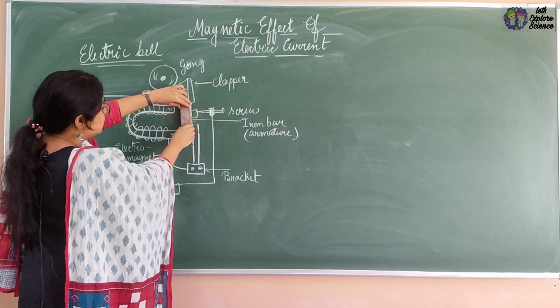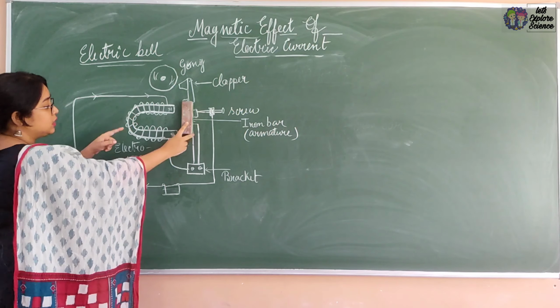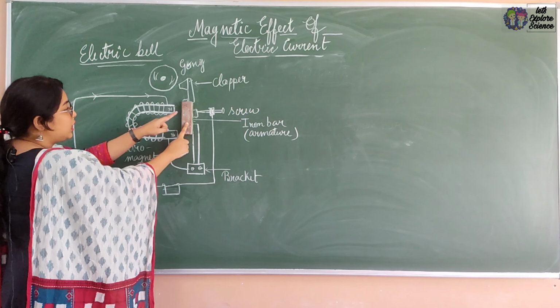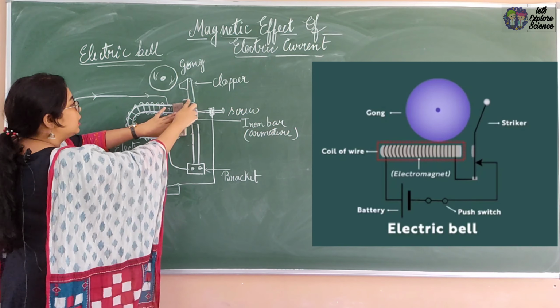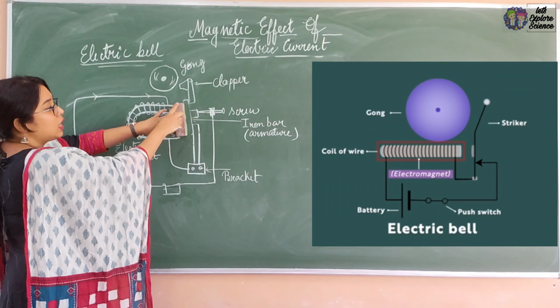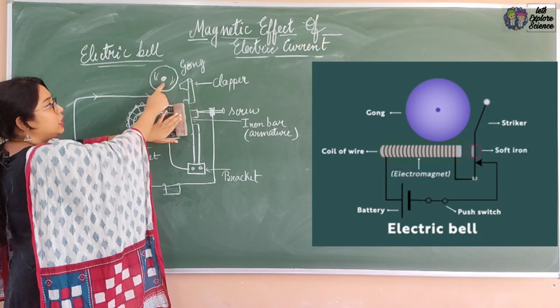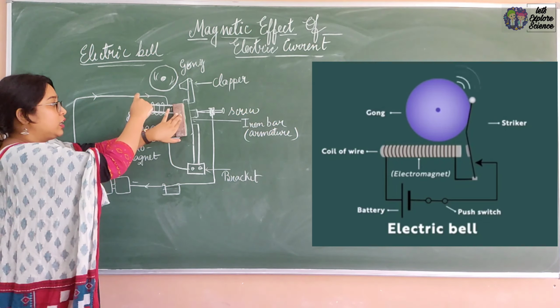Now when this U-shaped magnet works as an electromagnet, it will attract the iron bar. When it attracts the iron bar, the clapper along with this armature will move, and the clapper will hit the gong, and you will hear the sound like dang.